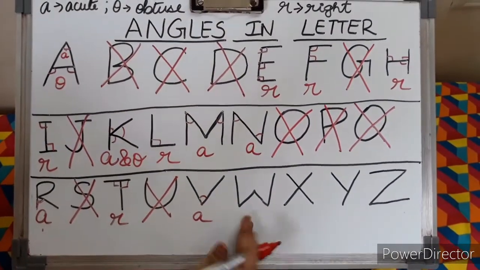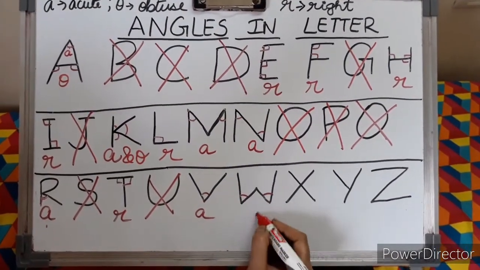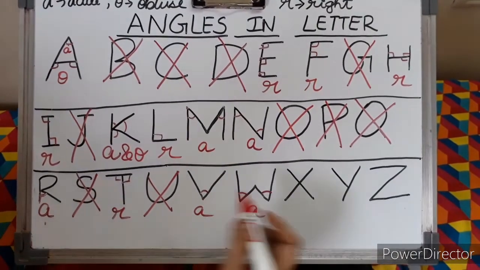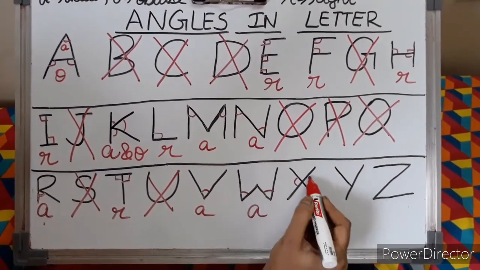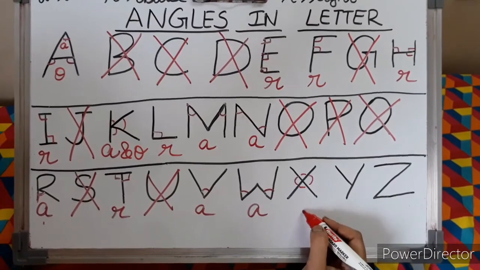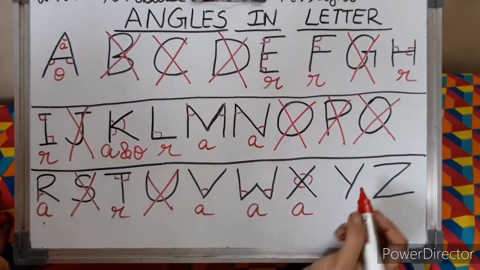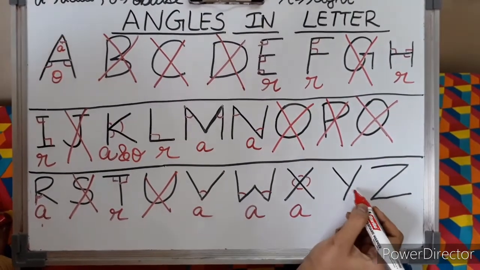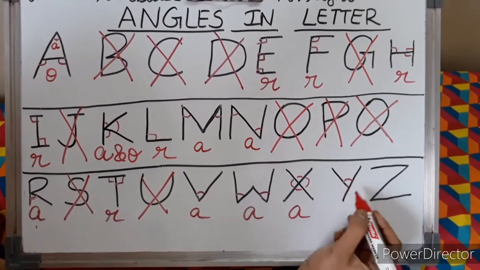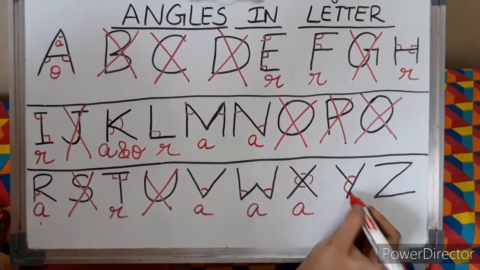For W again we will check. These are again two angles, acute angles. Now we'll check X. X again is all less than 90 degrees, so acute angles. For Y we will check now. I can see there is one angle here, and another angle like this.